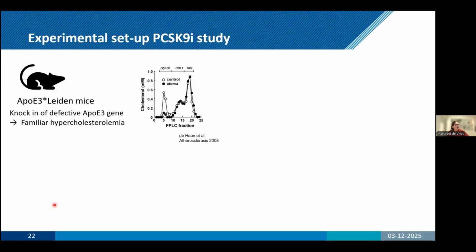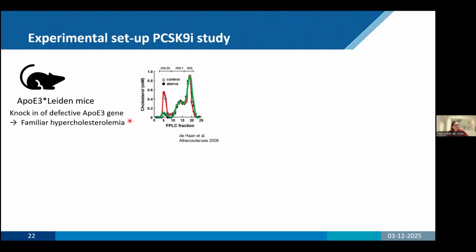However, this ApoE Leiden mouse has its own functional cholesterol metabolism, and on top of that, defective metabolism. So as you can see over here, they do respond with cholesterol lowering on top as a result of statin treatment.